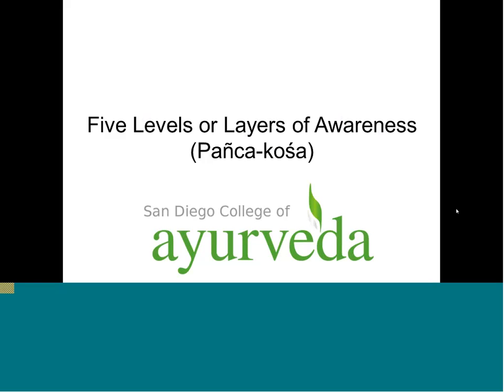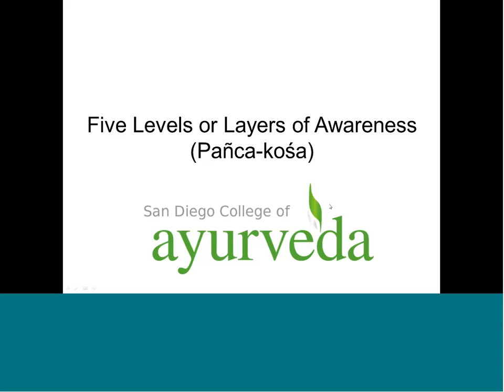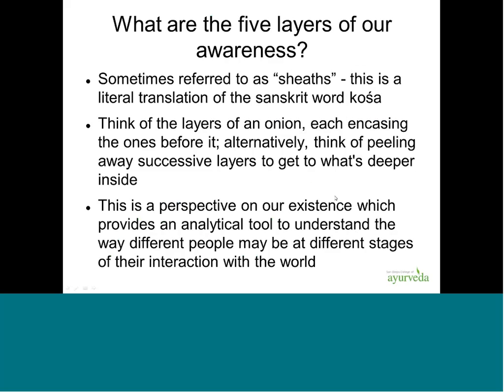They are, if you will, shells around us that represent our level of understanding. So let's talk about this a little bit, and this is also a very important topic. We will discuss it more, particularly in Block 2, in terms of Ayurveda and the mind. So what are these 5 levels of awareness?